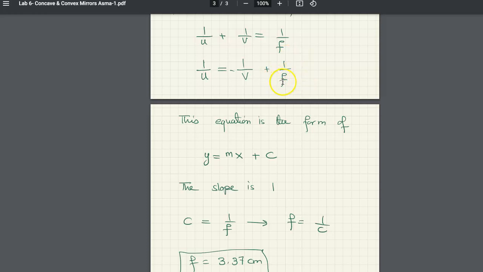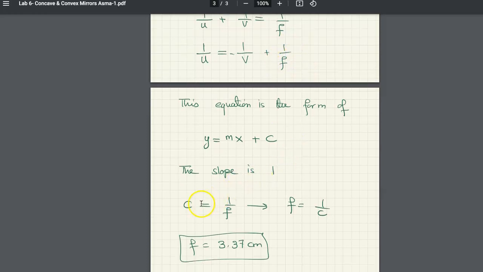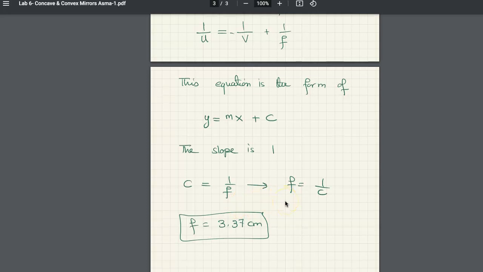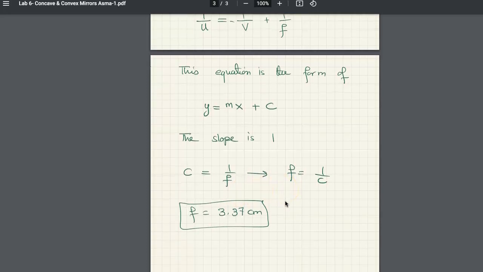And this is the intercept. Then my intercept is going to be 1 over F, and in order to calculate my F, I should take 1 over C. My focal length that I calculated from the graph was 3.37.